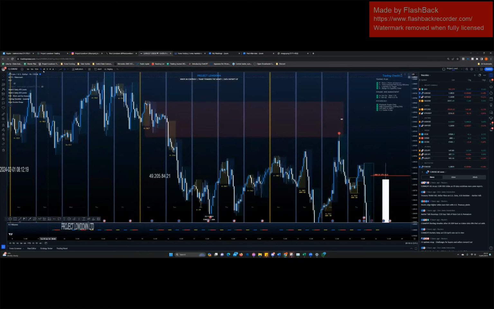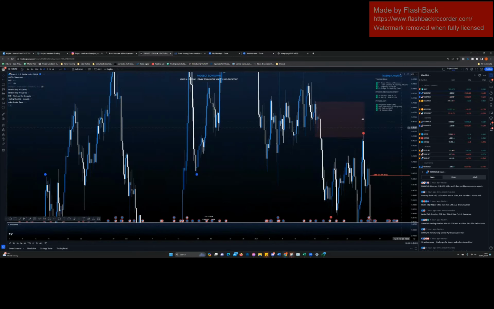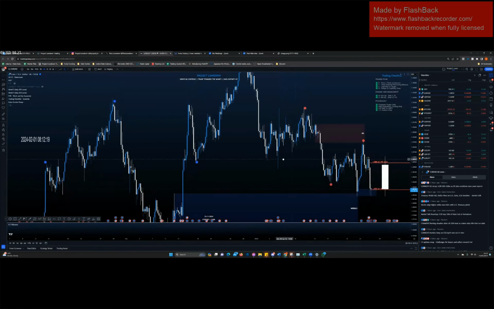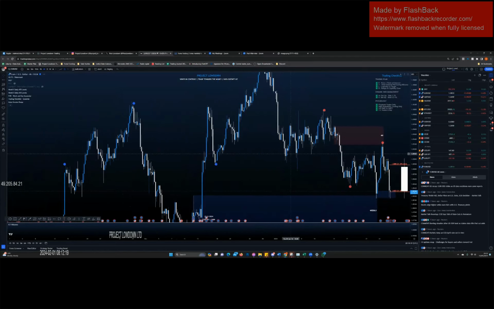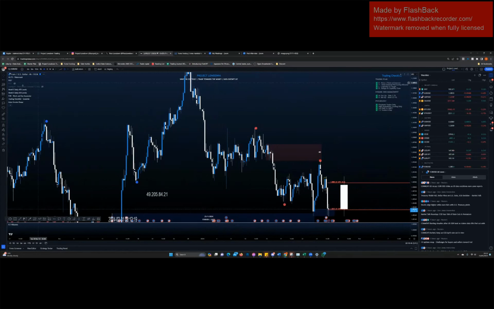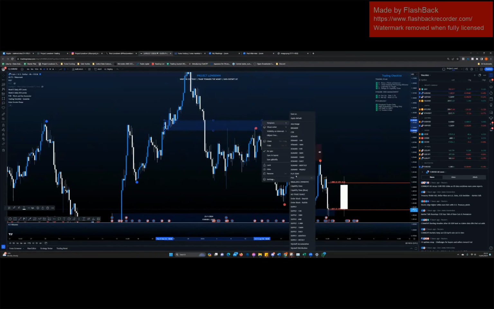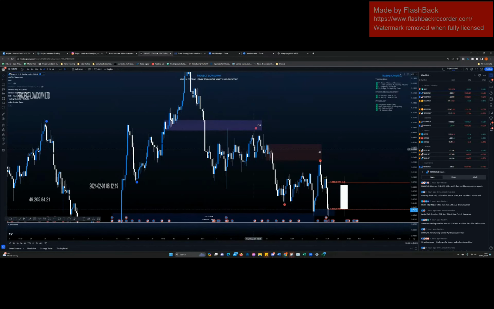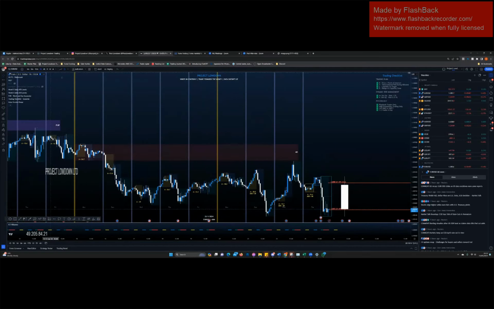So let's do some top-down analysis. On the high time frame, this doesn't look nearly as bad, where ultimately supply overall was still in control. Say you've got a flip here, and then we scroll down to the 1 hour.